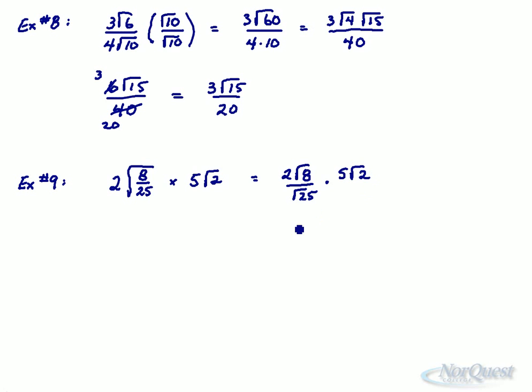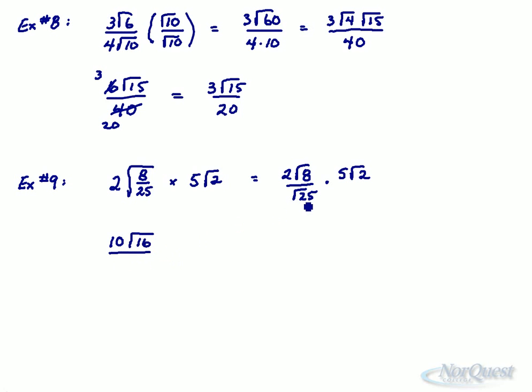Well, the root of 25 simplifies kind of nicely. 8 times 2 gives me 16, which is also a perfect square. So I can actually simplify this pretty quick. On the top, I get 2 times 5, which gives me 10. Root 8 times root 2 gives me root 16.